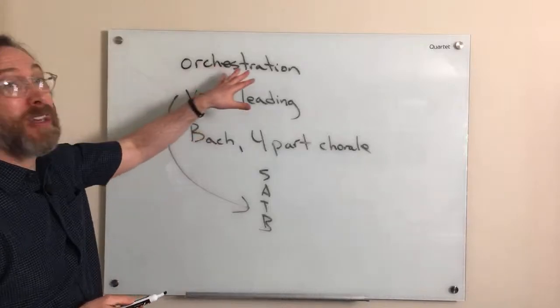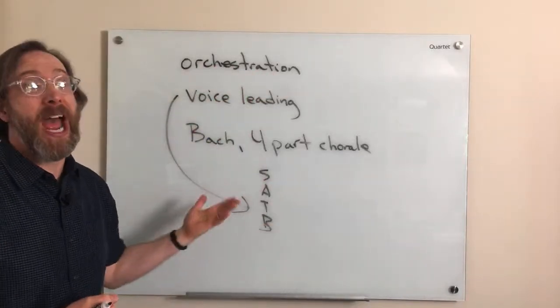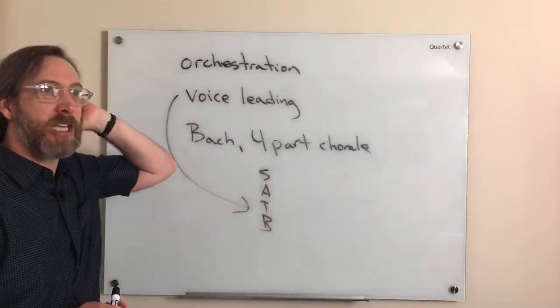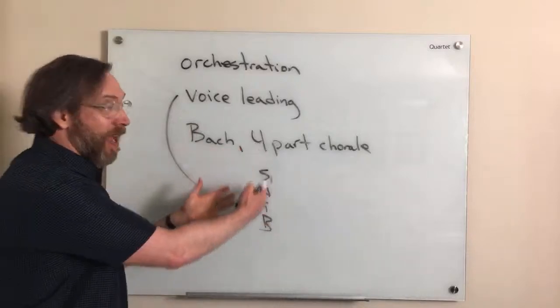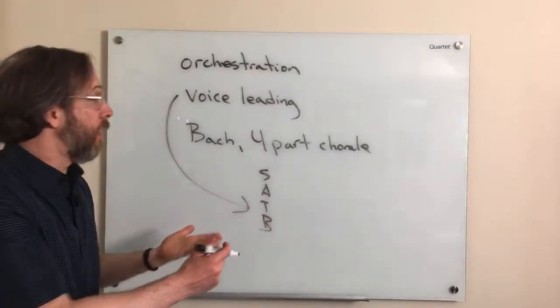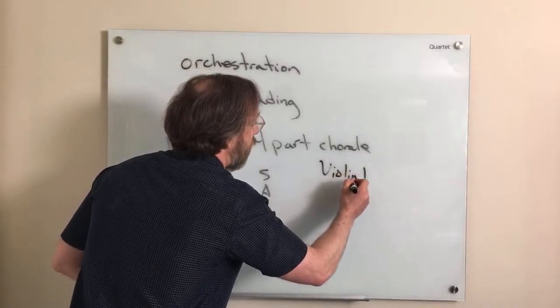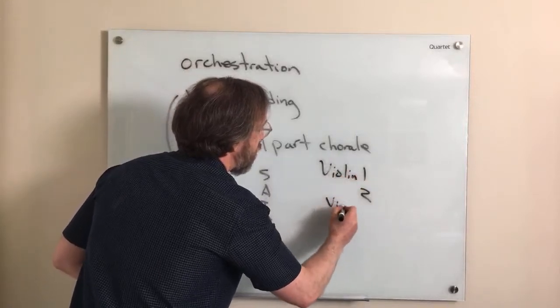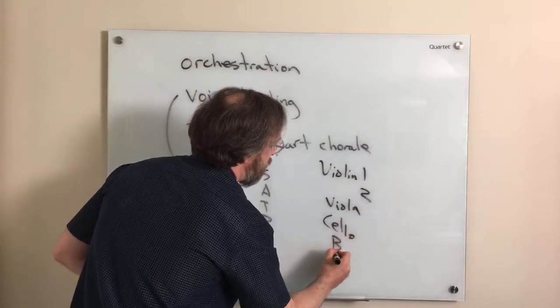Now, when you talk about a Bach oratorio or passion, like St. John's Passion or St. Matthew's Passion, here you not only have the chorus, you have violin 1, violin 2, viola, cello, bass.